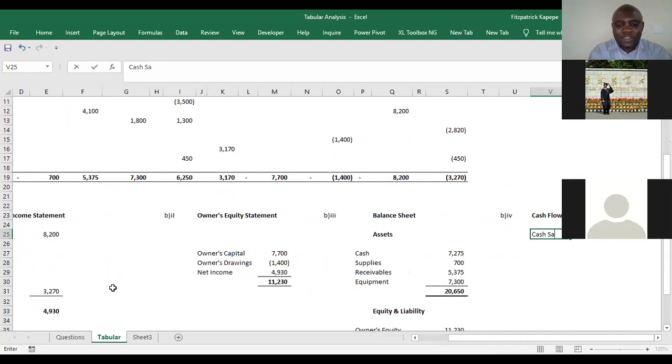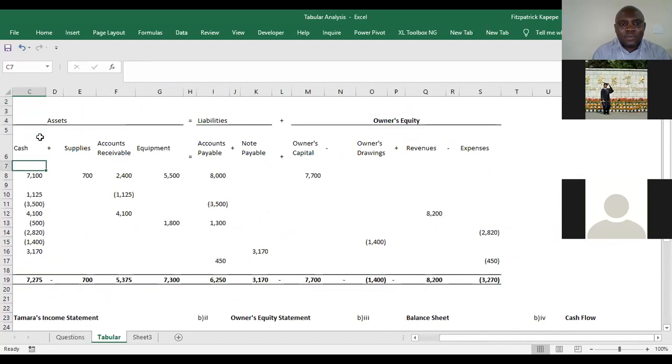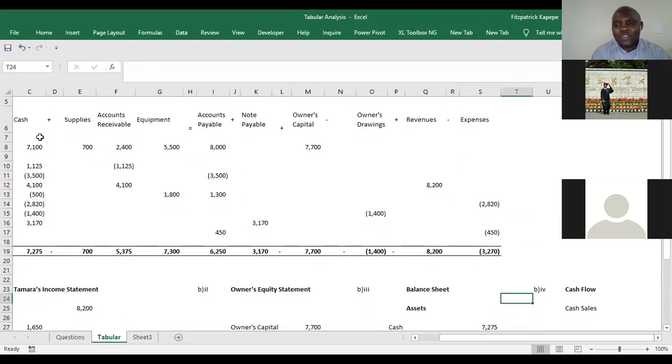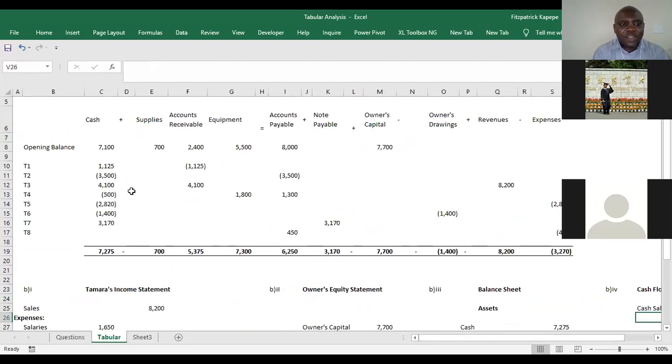You show cash sales. How much was your cash sales? Just check your question, the one that had the cash. If you come here, it was 4,100. That is what we are showing. In the cash flow statement, it's about cash. So cash sales of 4,100. Then from there, what did you have?